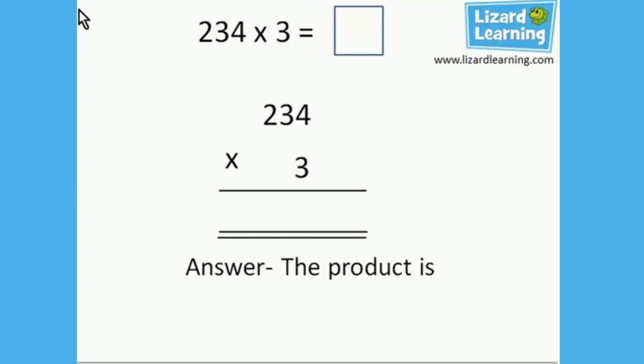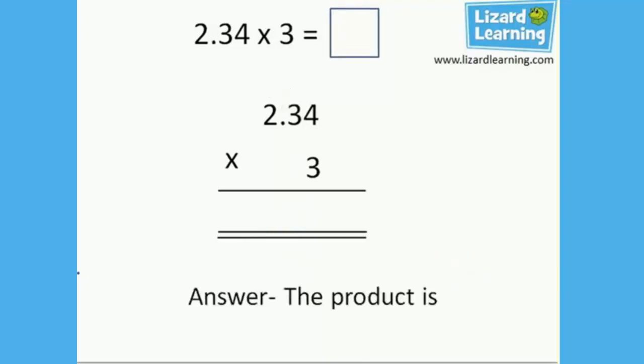So, multiplying, 3 4s are 12, 3 3s are 9, 1 makes 10, 3 2s are 6, 1 makes 7. Answer, the product is 702.